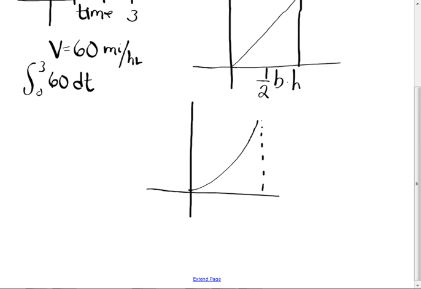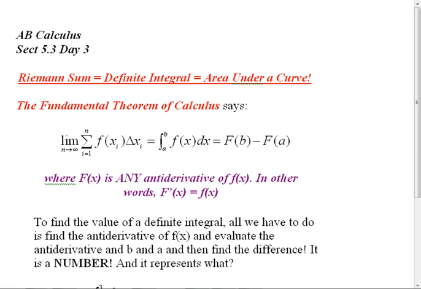I could divide it up into some rectangles or trapezoids. I could get an approximation. I want to get the exact answer. Well, what turns out is to find this area as an exact answer, it's the antiderivative of the function evaluated at this point and that point. And that's the fundamental theorem of calculus.